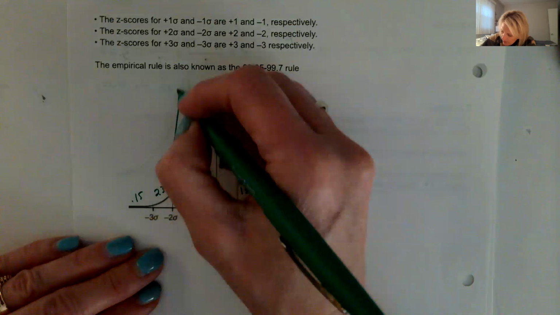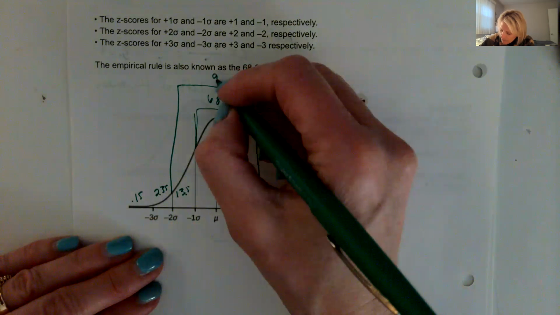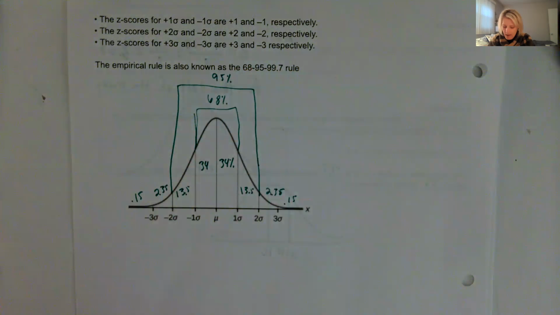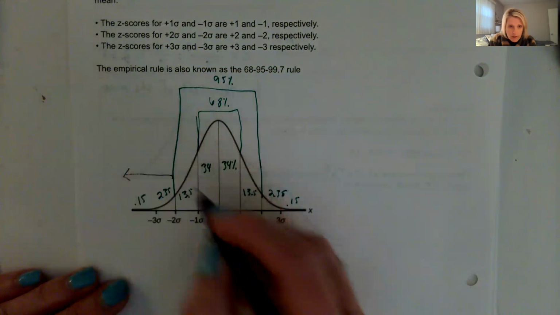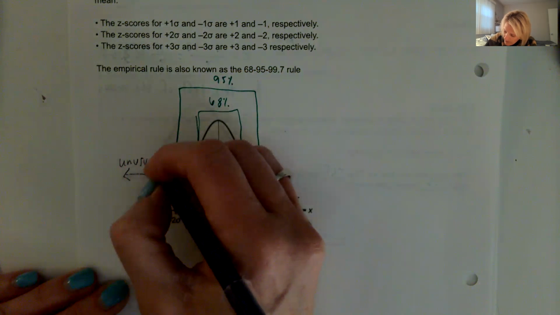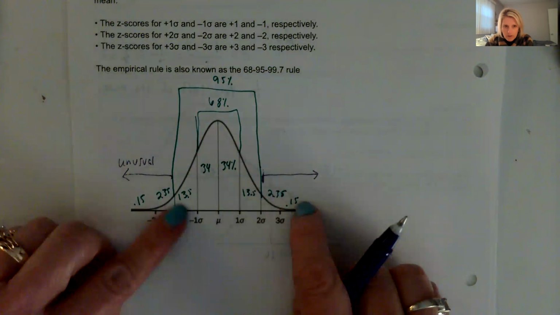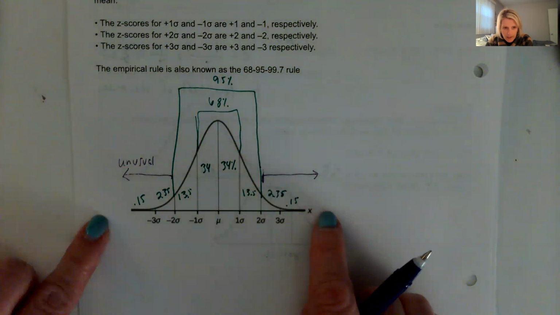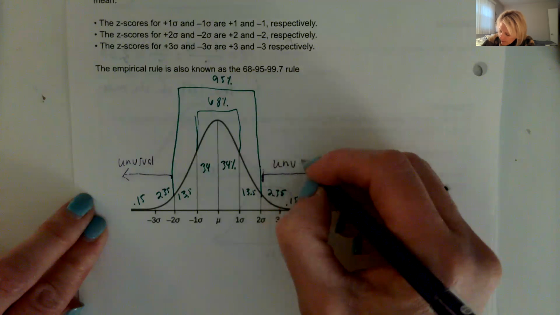And this is where our 95% falls. And then we also made the comment back in chapter 2 that anything that falls outside of 2 this way is considered unusual. And anything that falls this way, so 2.5% this way, 2.5% that way, or 2 standard deviations that way and 2 standard deviations this way, are both considered unusual outcomes.